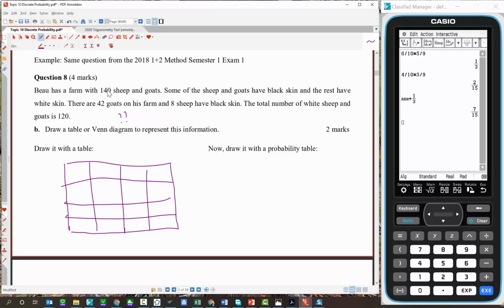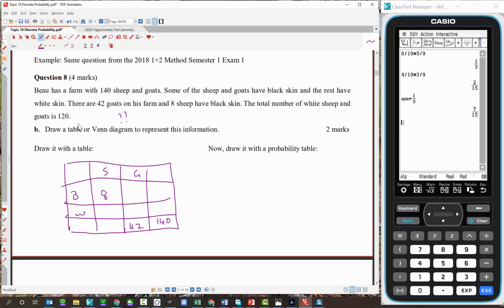Now, what have we got here? We've got Bo on a farm with 140 sheep or goats. The sheep and goats have black skin or white skin, so black or white. There's 140 in total. 42 goats on his farm, so goats is 42. 8 sheep have black skin, so sheep and black is 8.